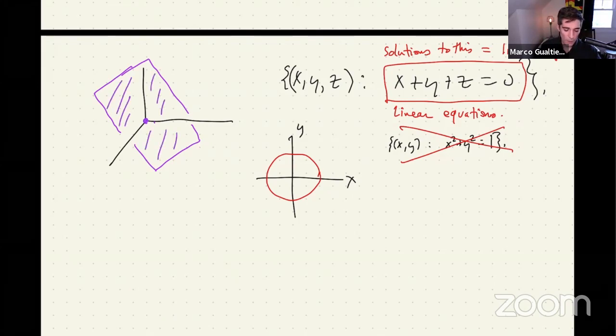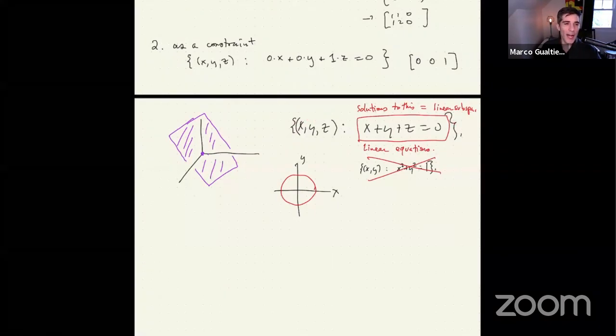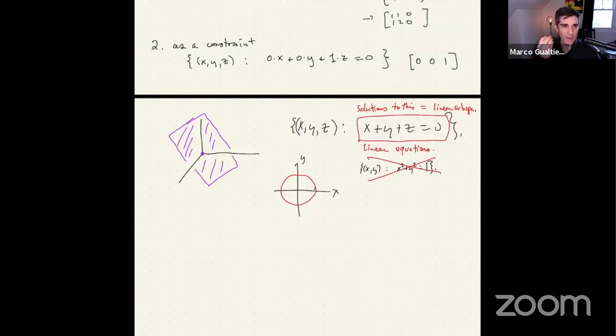There's a slight disadvantage to writing it in this way, because you will not have at your fingertips a list of vectors that is in that subspace. You will not have a spanning set. You will not have a basis.